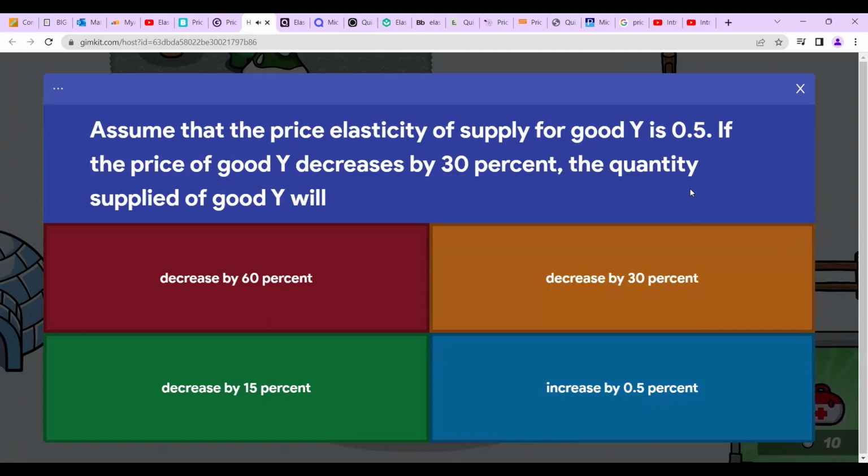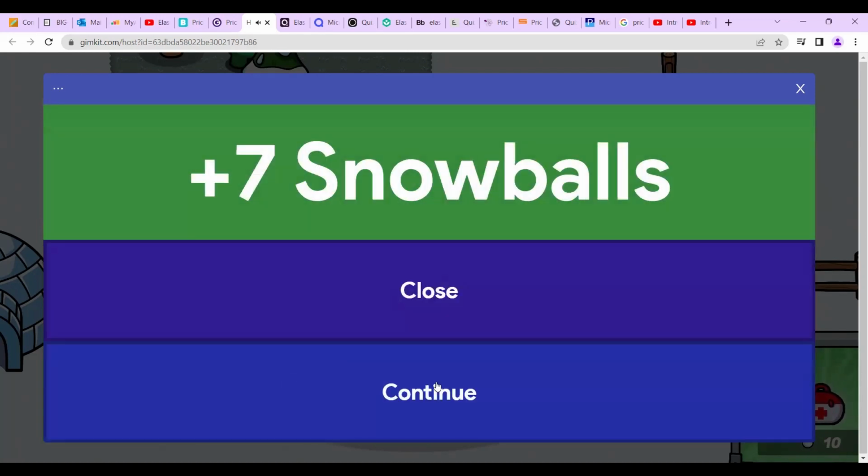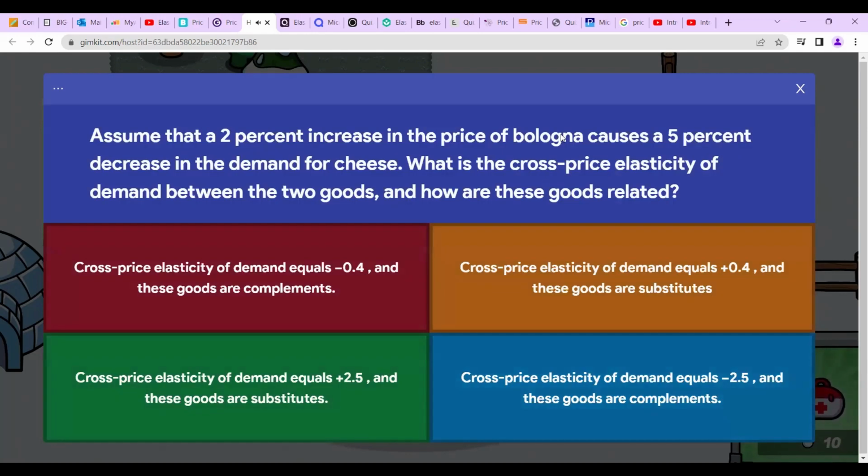The quantity supplied of good Y will decrease by 15%. Assume that a 2% increase in the price of bologna causes a 5% decrease in the demand for cheese.